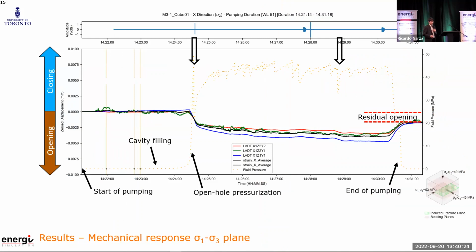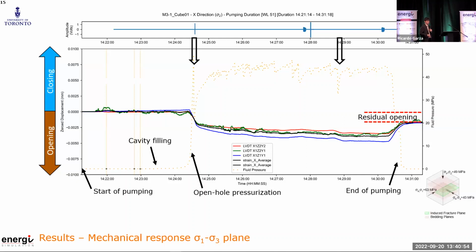And the data is telling us, you can see opening if the graph moves down and closing if it goes up. So we can see that when we are looking at the plane sigma 1, sigma 3, let's see if really it was opening against sigma 2. And yes, our displacement measurements, the LVDTs, are telling us that it is opening against that direction. Again, puzzling.